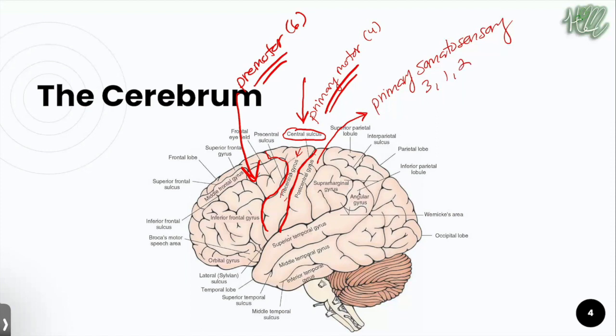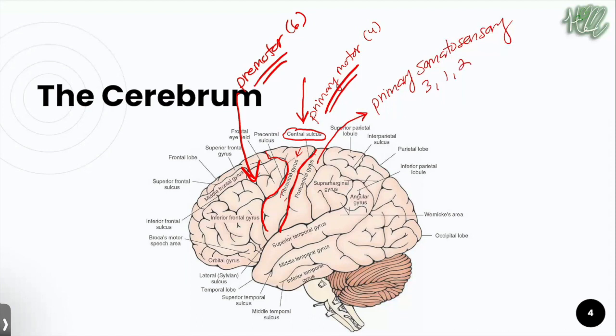So again, another very important piece of the puzzle here, because the motor cortex part is what we're going to talk about with our corticospinal tract. And then we have our primary somatosensory part, which we're going to talk about with the spinothalamic and the dorsal columns portions. All of these different spinal tracts that we're going to be talking about all have to come back up to the cerebrum at some point. And this is where that information is all going to be processed.